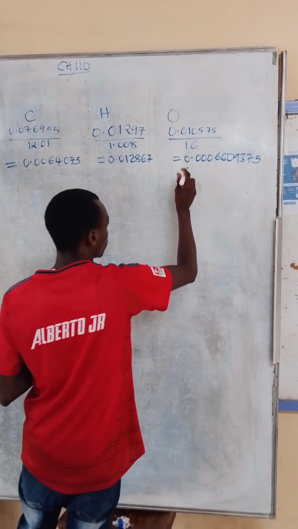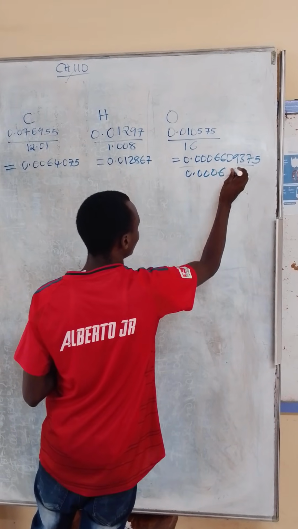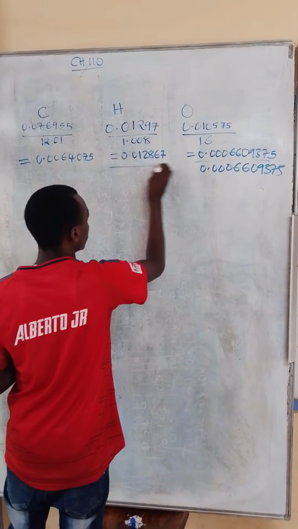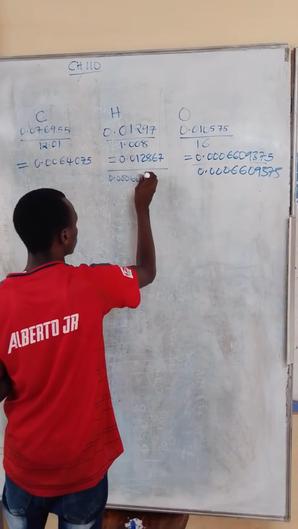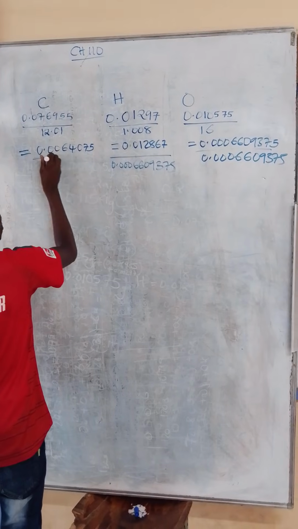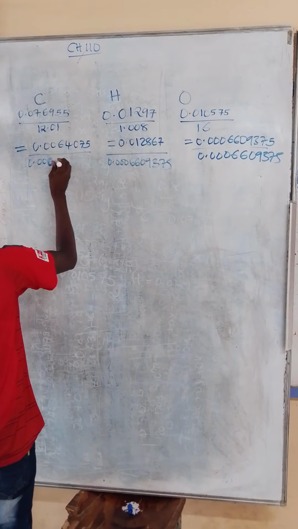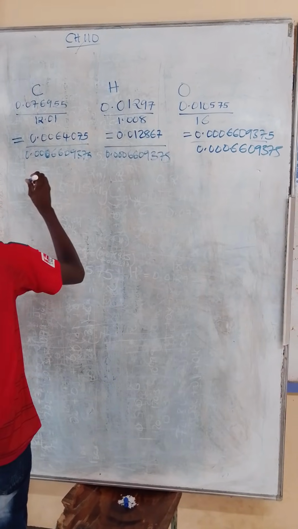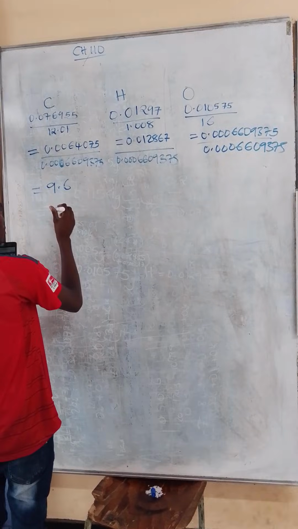We divide each value by 0.0006609. Let's see the answer we are going to get. When you punch this, it gives you 9.69.